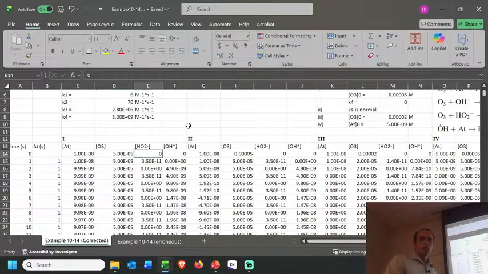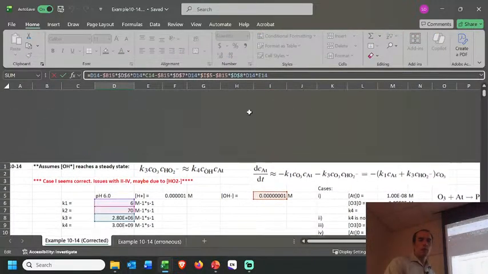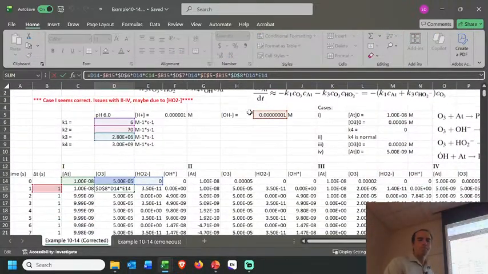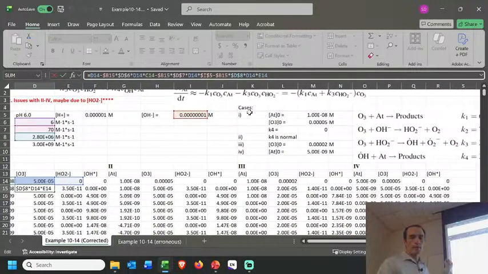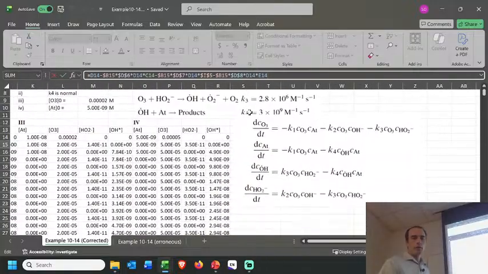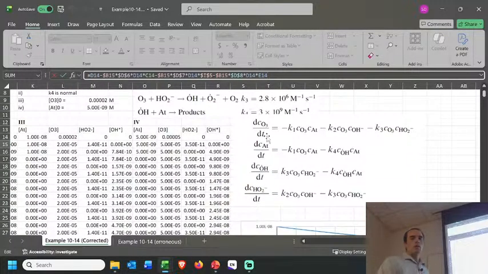Ozone is going to be changing according to the 3 different reactions that are consuming it. I would take the rates listed here and essentially multiply the instantaneous rate calculated in each component times my time step.